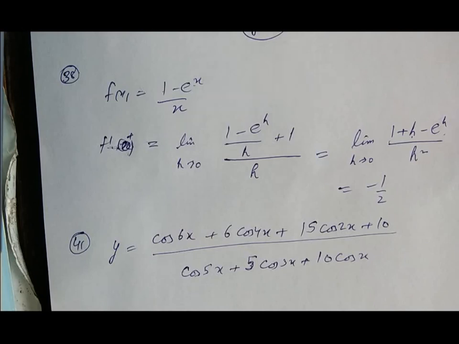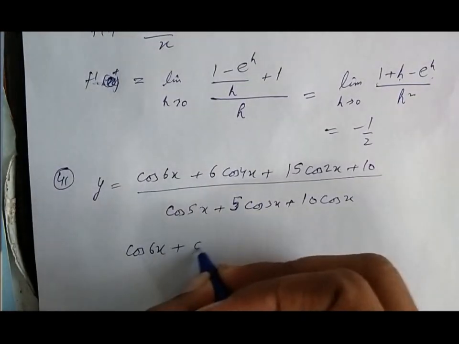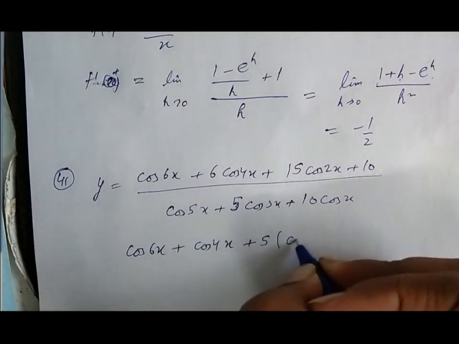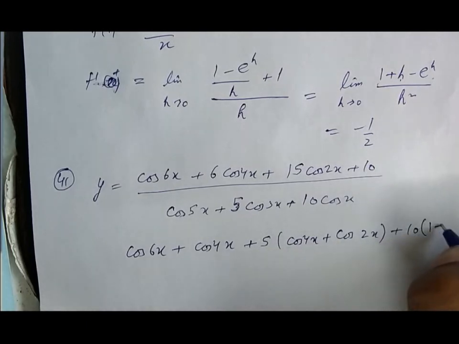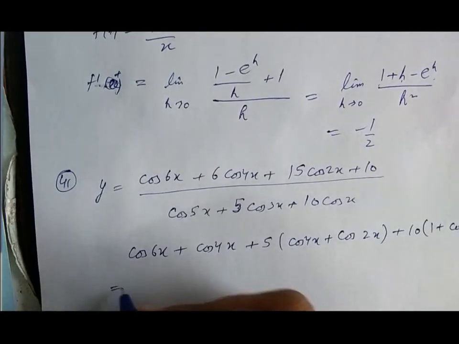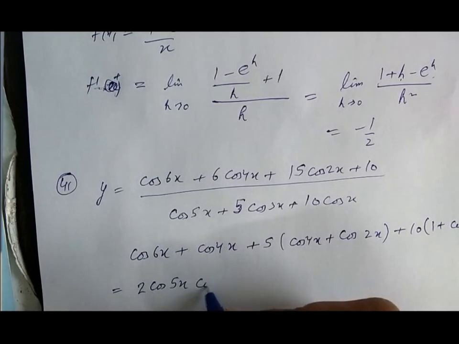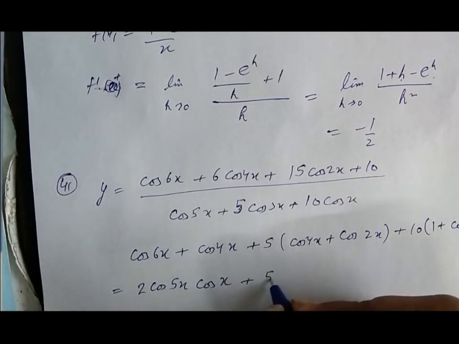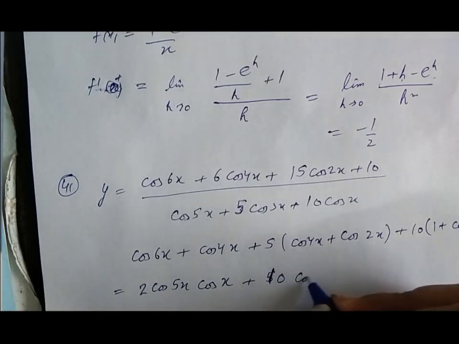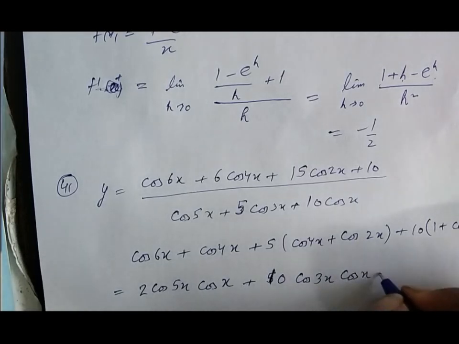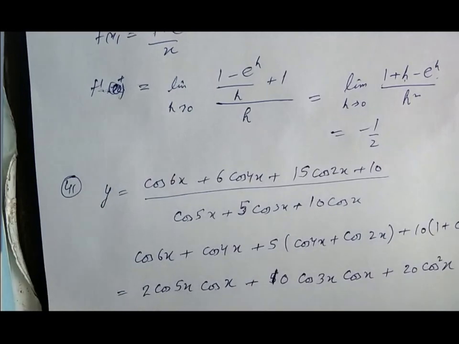Let's simplify the numerator. So cos 6x plus cos 4x plus 5 cos 4x plus cos 2x plus 10 into 1 plus cos 2x. Okay, now cos C plus cos D, it will be 2 cos 5x cos x plus 5 into 2 cos 3x cos x, and this would be 20 cos square x.